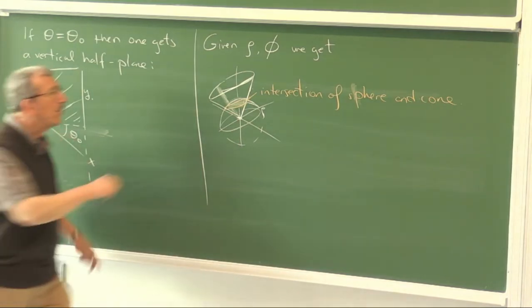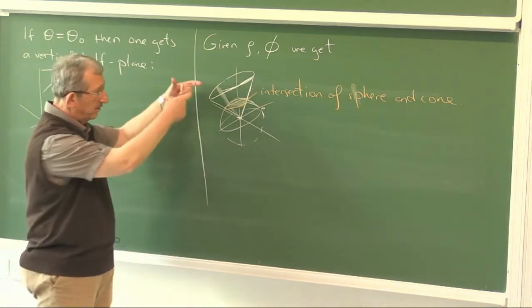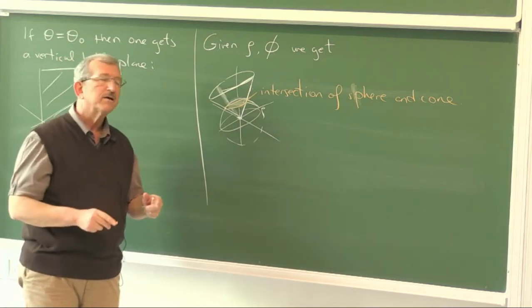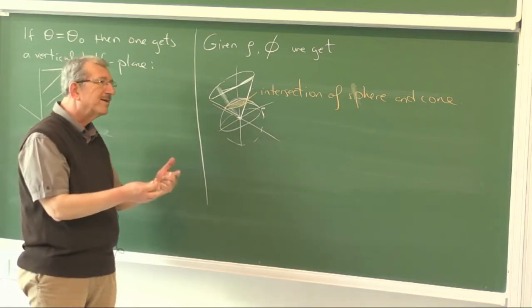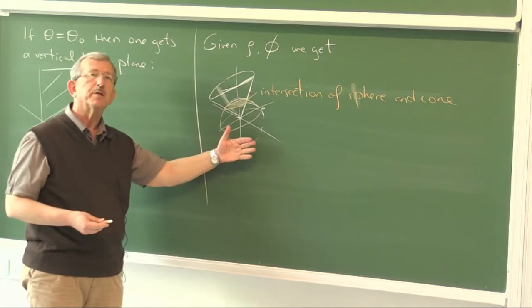Now, on this horizontal circle hanging somewhere in the air, determining theta gives us a single point, because determining theta means we intersect this with a vertical half plane.